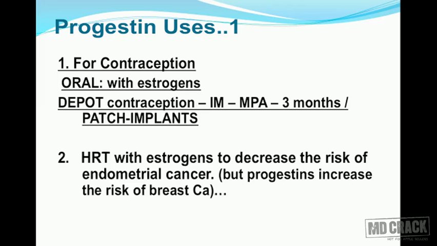Then progestins are useful in hormone replacement therapy, HRT, with estrogens. Why? Because estrogens have an increased risk of endometrial cancer. If you add progestins, the risk of endometrial cancer is minimized. But mind well, although the risk of endometrial cancer is less, progestins increase the risk for carcinoma breast.